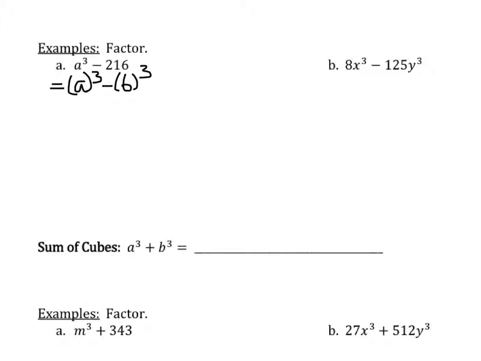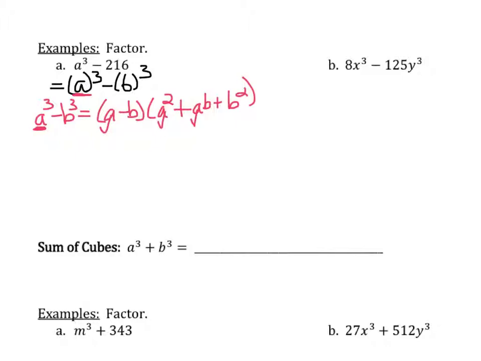cubed. All right, and so I'm going to remind myself of that formula: a cubed minus b cubed equals a minus b times a squared plus ab plus b squared. Notice here the a is in the same spot as this a here, so I'm going to put it right here, and right here.